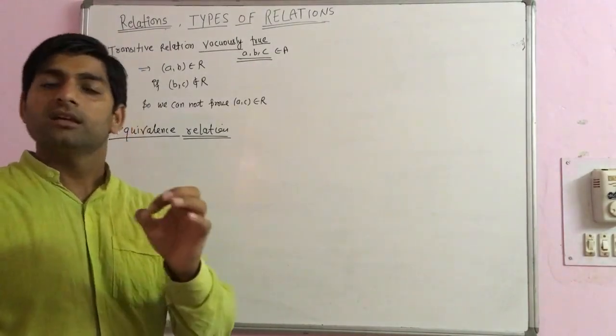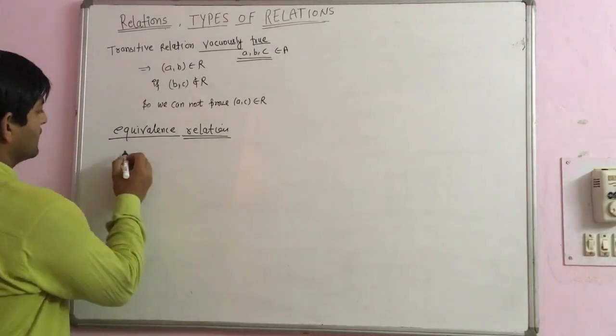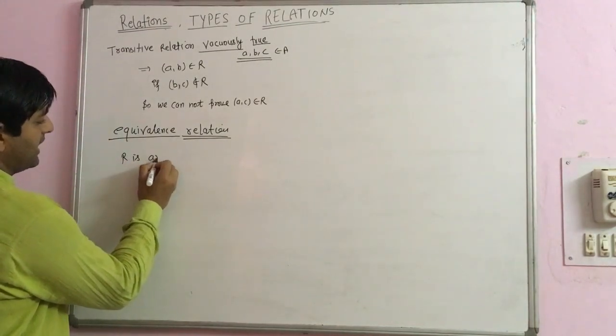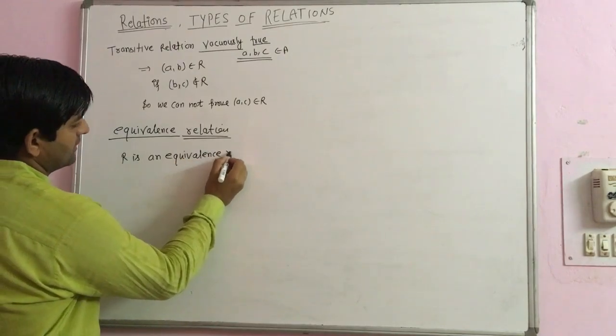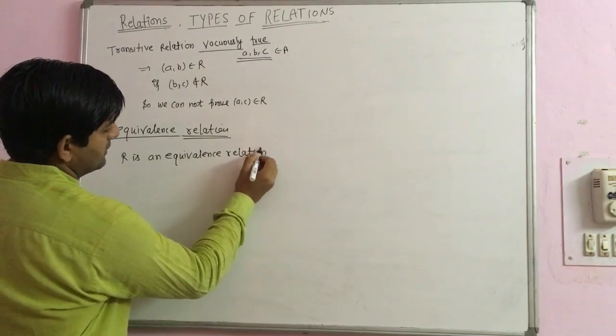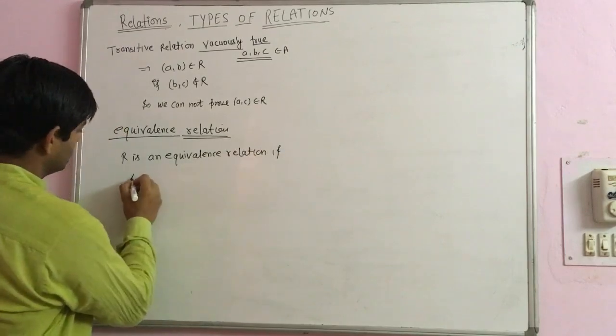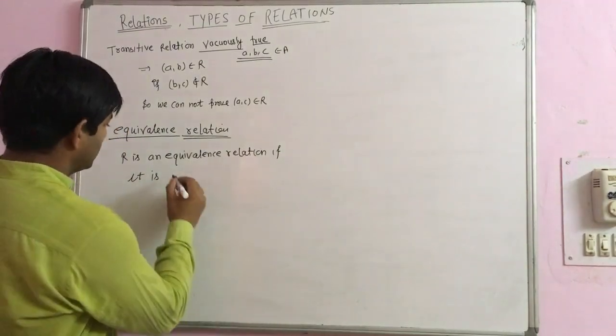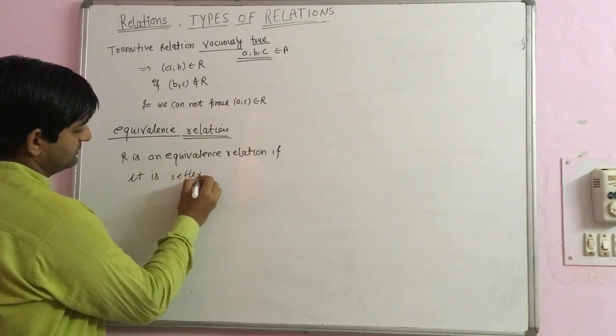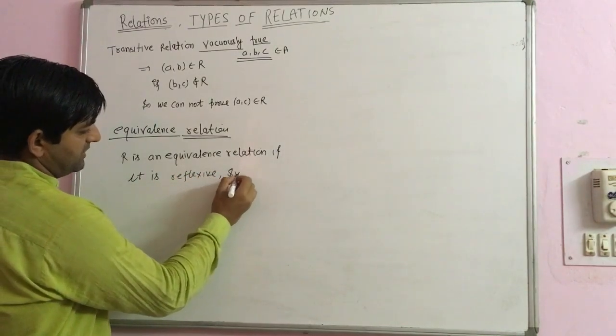So R is an equivalence relation if it is reflexive, symmetric and transitive.